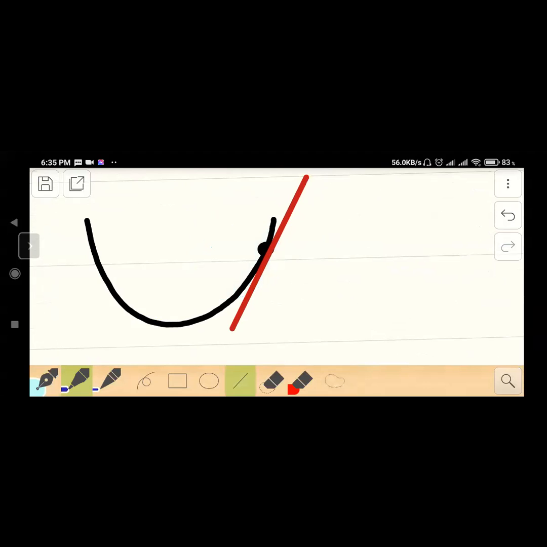সো নাও দেখো, এখন now if I draw a perpendicular on this very point, আমরা যদি এই পয়েন্টেই, মানে যে পয়েন্টে আমরা ট্যানজেন্ট ড্র করেছি, the point on which we have drawn a tangent, on that same point if we draw another perpendicular line on the tangent, মনে রাখবেন on the same point, তাহলে সেই লাইনটাকে আমরা বলছি নরমাল.